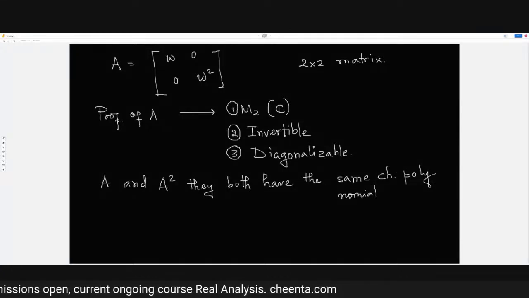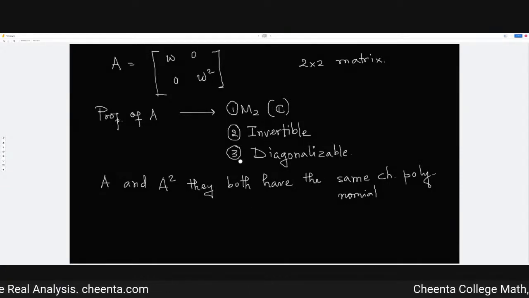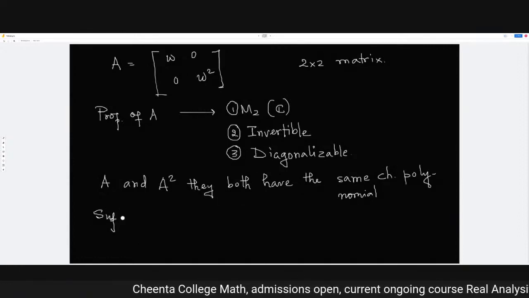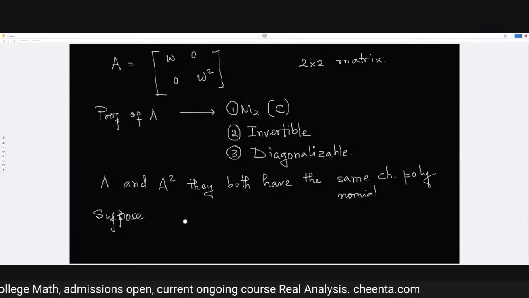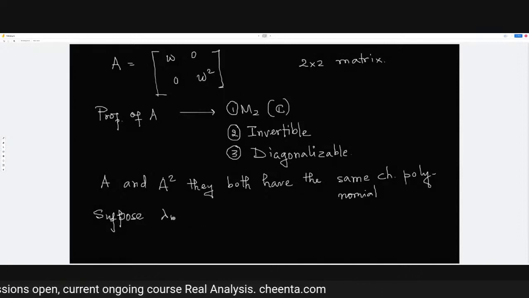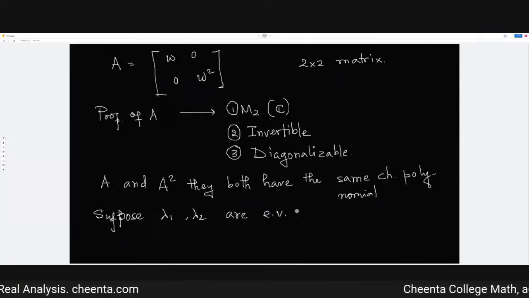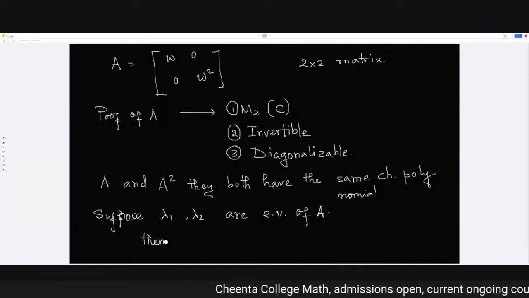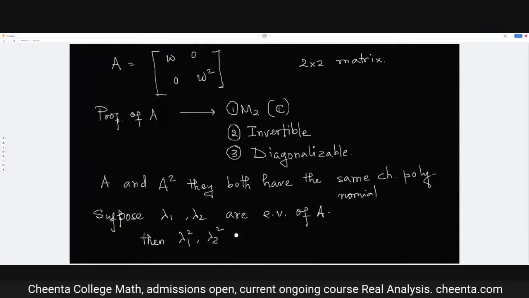From here, what you can understand is that since it is given to be a diagonalizable matrix, suppose, irrespective of repetition of eigenvalues, lambda 1, lambda 2 are eigenvalues of A. Then the eigenvalues of A square are lambda 1 square and lambda 2 square.